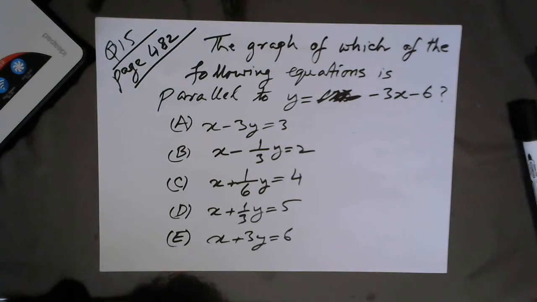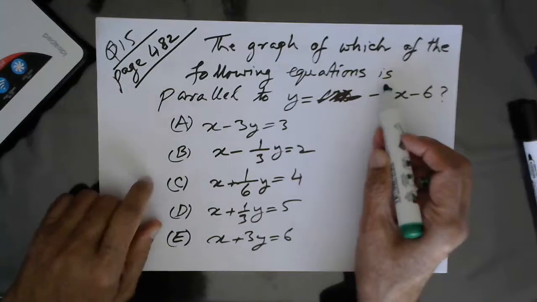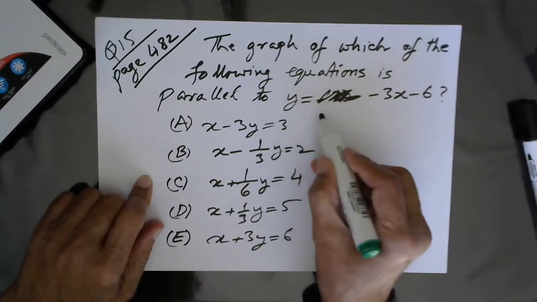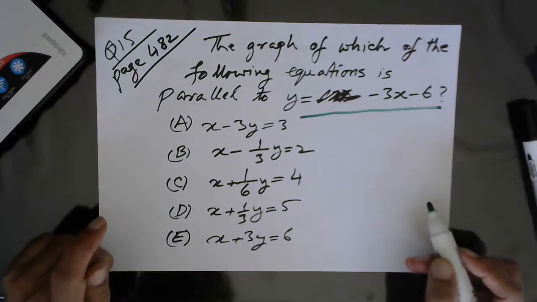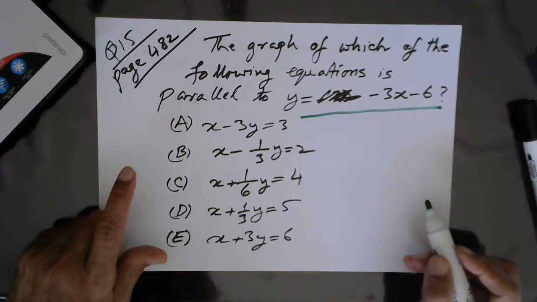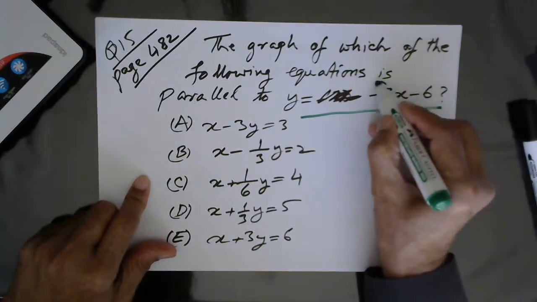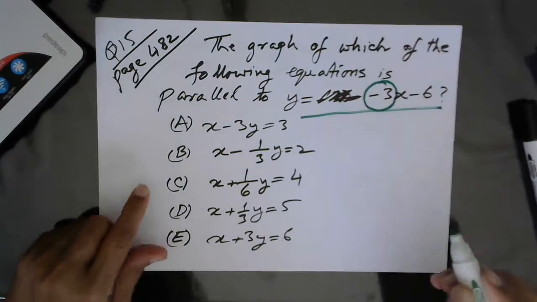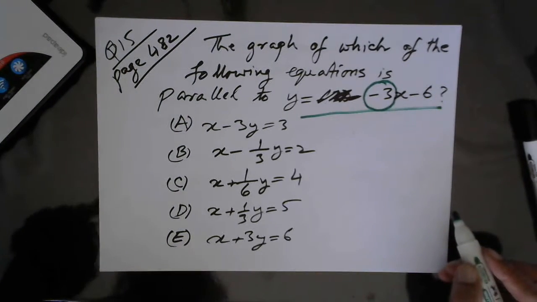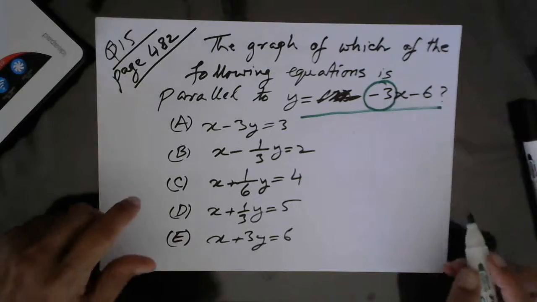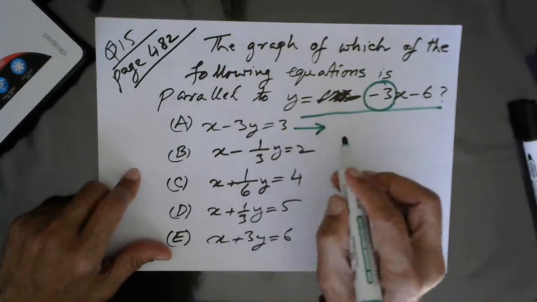Okay. The graph of which of the following equations is parallel to y is equal to minus 3x minus 6? All we need to see is to find which line here has the same slope as this line, namely minus 3. Okay. Now, if you take it, I will write it again.